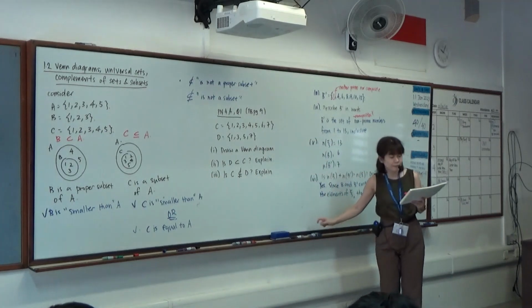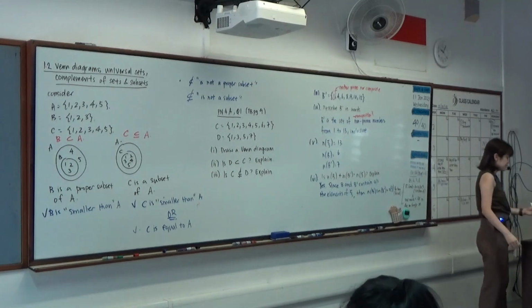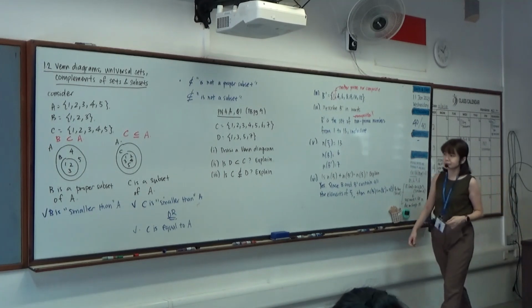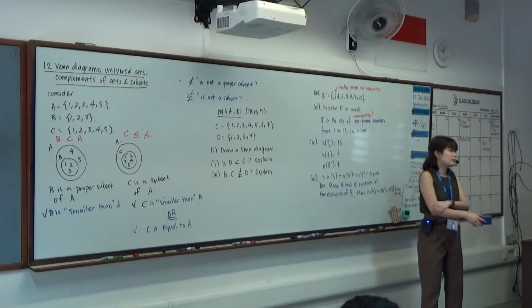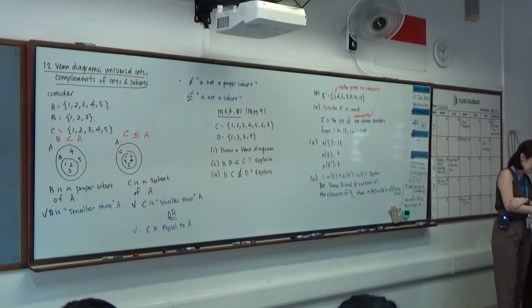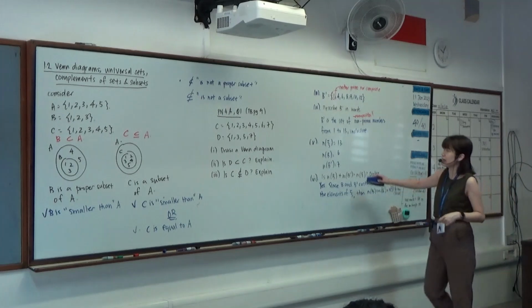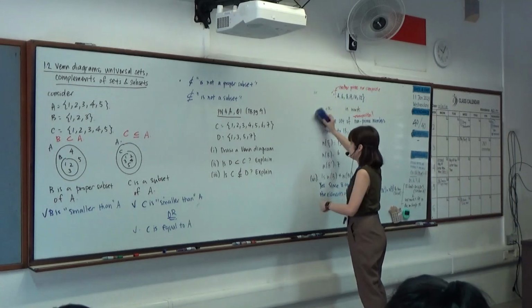Take a look at exercise, practice 4A, question 1. We'll very quickly draw a Venn diagram to represent the two sets C and D. How will your Venn diagram look? How will your circles look?